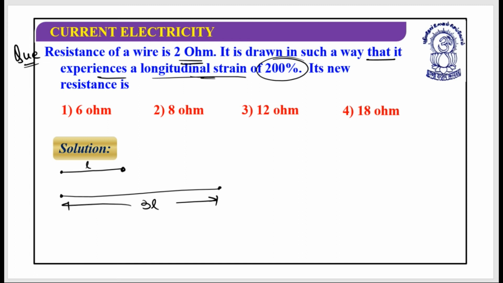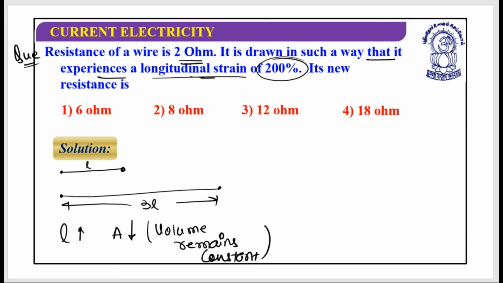When this situation arises, we know from the previous class that the volume of the resistance remains the same. As length increases, its cross-sectional area must decrease. Its volume remains constant.